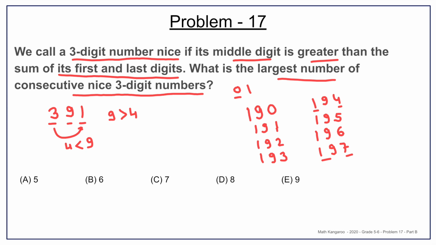The sum is 8, which is still less than 9. But if we do 198, that would be equal, so we would cancel this. So the numbers from 190 to 197 will be considered as the consecutive nice three-digit numbers. So our answer is option D, 8.